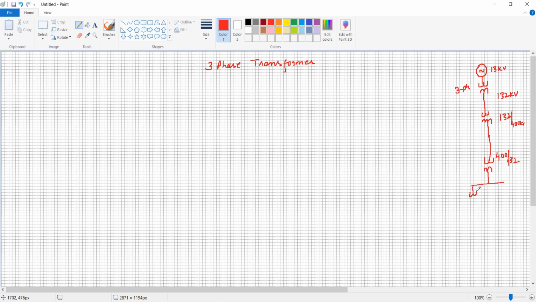And there are many substations depending upon the industrial feeders, commercial feeders, and for the utility section, it is say 132 to 33 kV substations, and 33 to 11 kV substations. All these transformers are called power transformers.